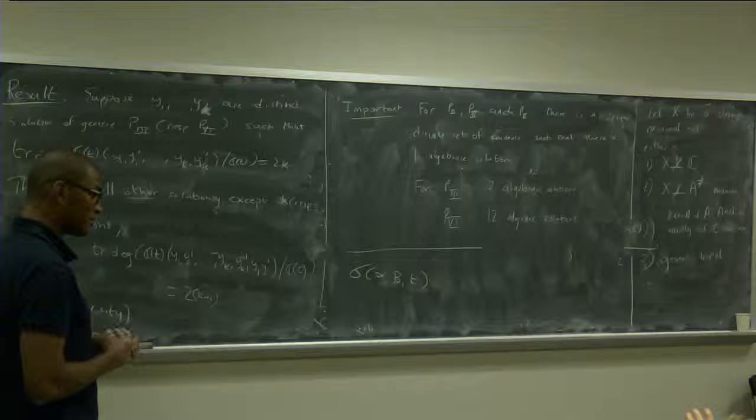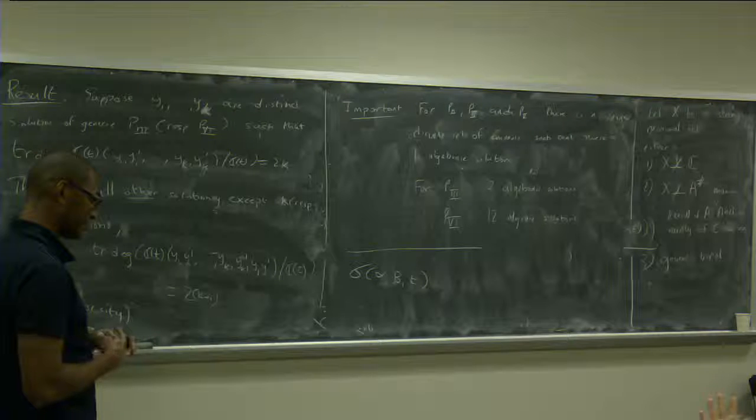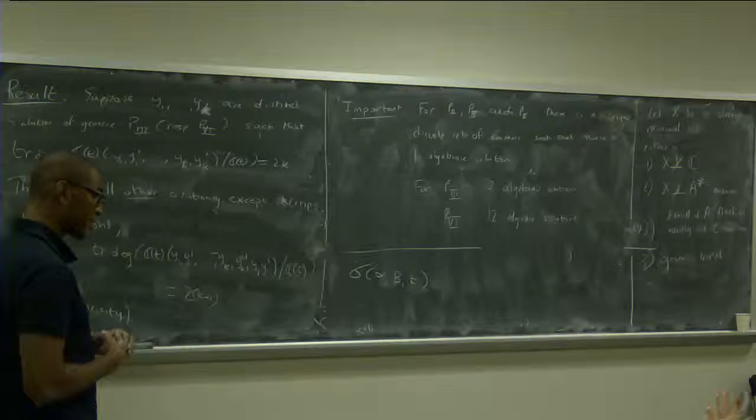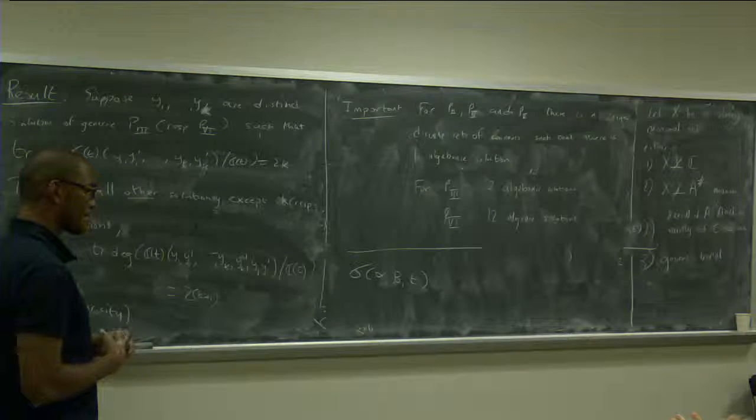But other than that z, any other y2 would give you 4. And now suppose I take y1, y2, then there will be another z, that one is called z1, this is called z2.